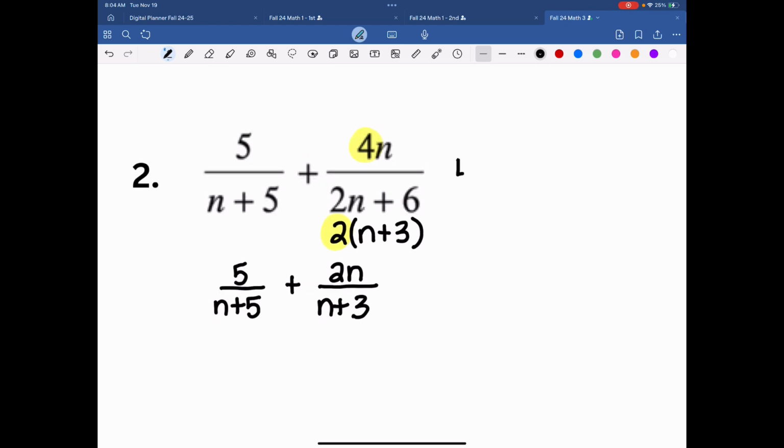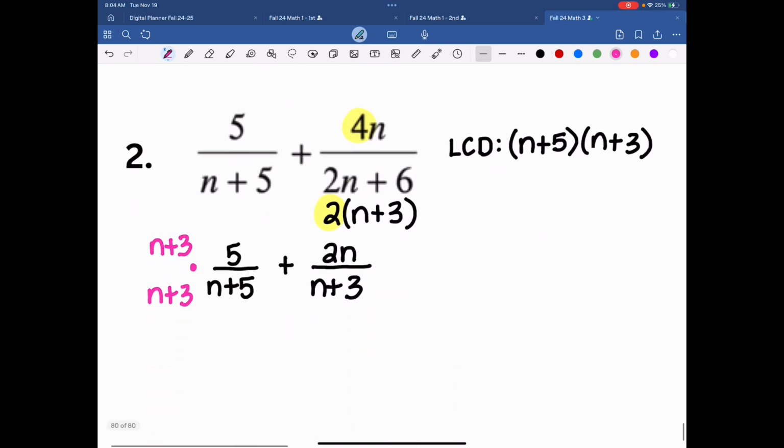So my LCD for this problem, my least common denominator, is going to need to be n plus 5 and then n plus 3. So we're going to multiply this side by n plus 3 on the top and the bottom. And we're going to multiply this side by n plus 5 on the top and on the bottom.